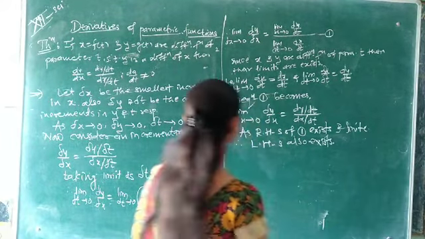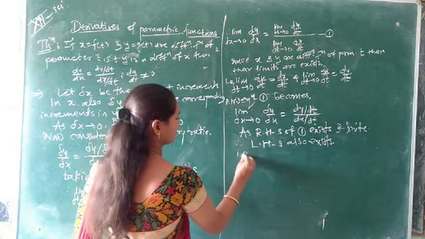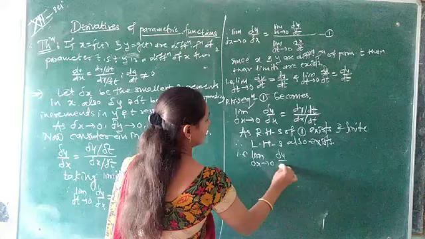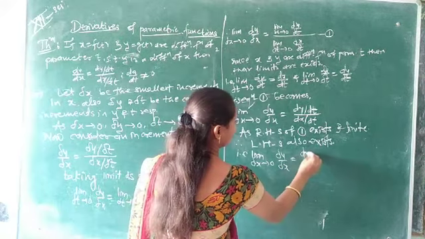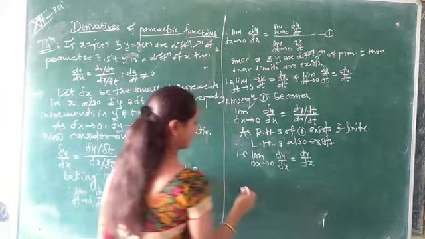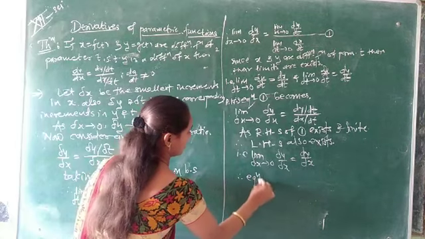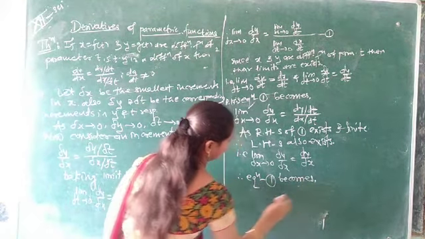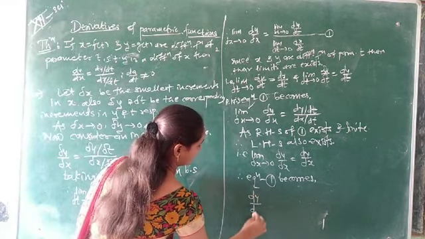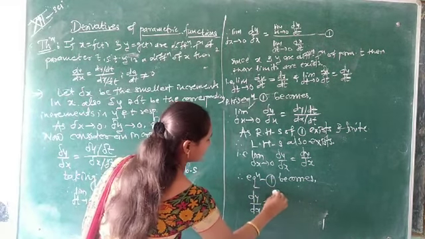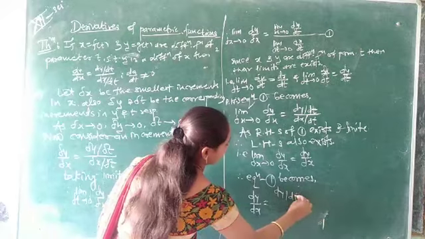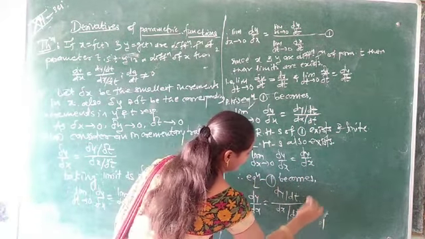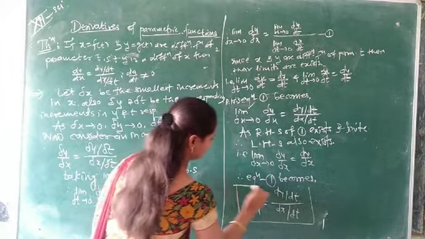That is, limit delta x tends to 0, delta y upon delta x is equal to dy upon dx. Therefore, equation 1 becomes dy upon dx is equal to dy upon dt divided by dx upon dt. Hence, it is proved.